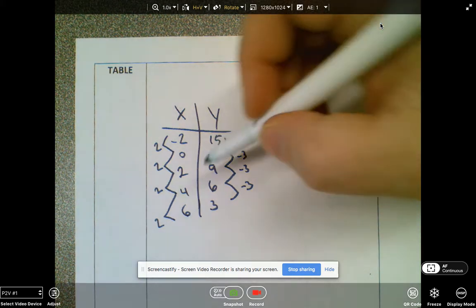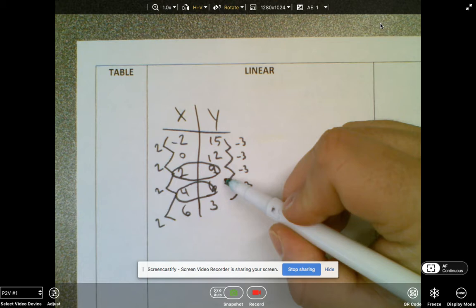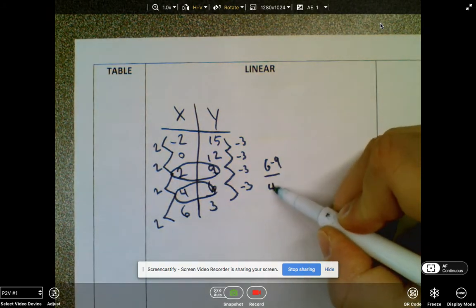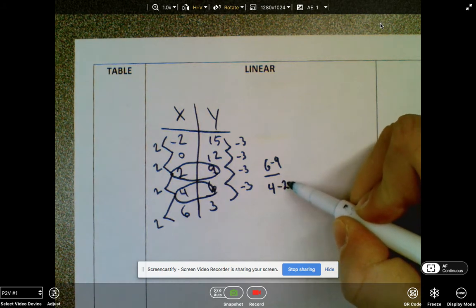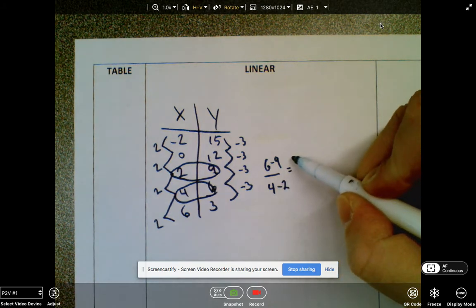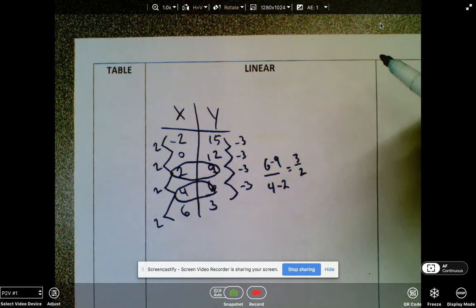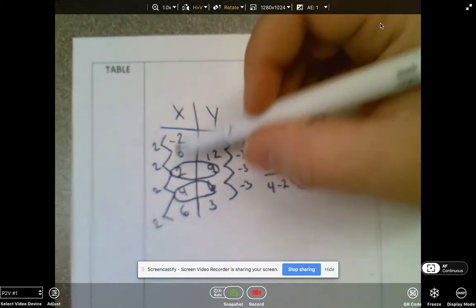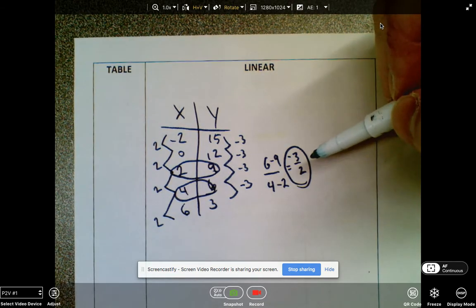If I check the slope and I pick these 2 points and these 2 points, I would do 6 minus 9, and x2 minus x1 would be 4 minus 2. So this would be -3 over 2. If I checked any other combination of coordinates, I would always get this slope.